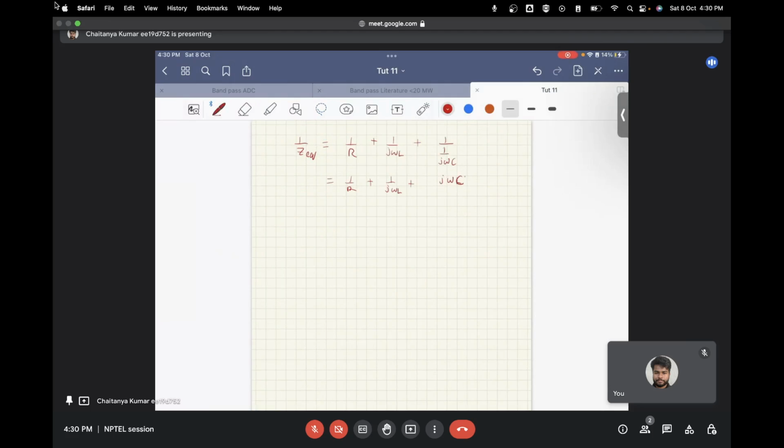So now this impedance becomes R times j omega L, and if we put the numerator, that becomes j omega L plus R minus omega square times LC. So Z equivalent we get as j omega L times R upon j omega L plus R minus omega square LC.